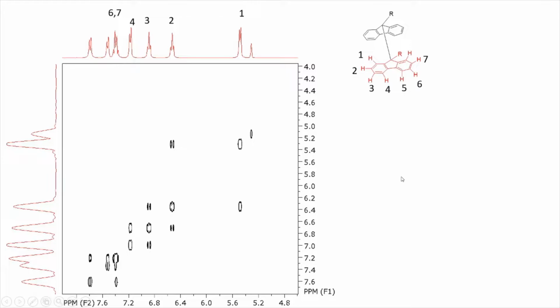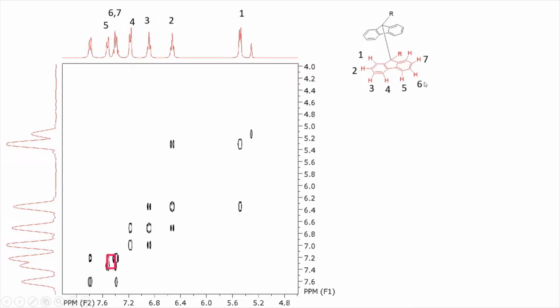But you can find one thing. Since 6 and 7 are merged, you can think of this as the diagonal peak for 6 and 7, and the cross peak between them is very small. But since 6 is next to 5 and 5 is a doublet, see, this is the 5, it has a cross peak with the 6.